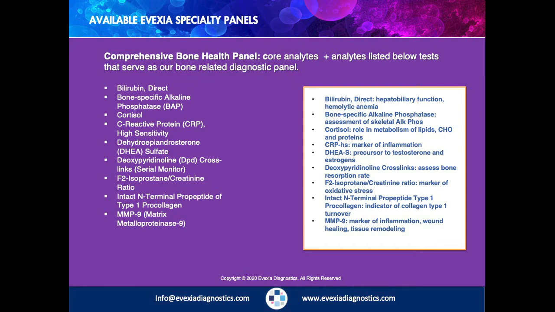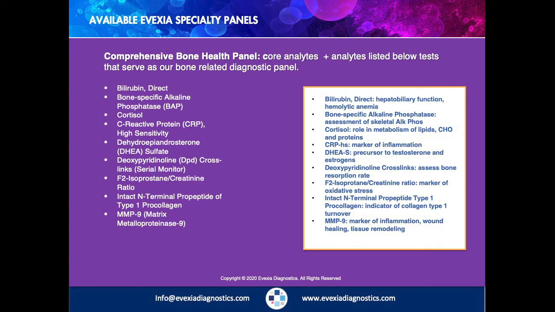Next is F2 isoprostanes creatinine ratio. Now, the F2 isoprostane is produced in conditions that result in excess generation of free radicals, which are associated with oxidative stress, and oxidative stress can play a role in the breakdown of bone. Next is the analyte called intact N-terminal propeptide of type 1 procollagen.